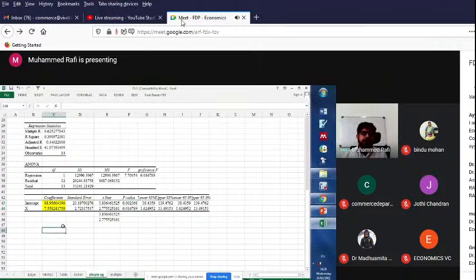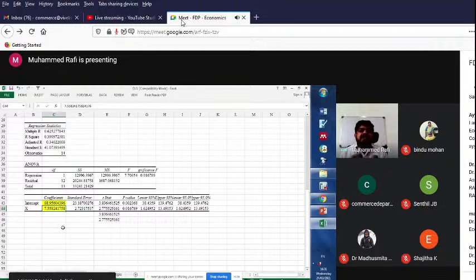So here you can interpret that when x is increasing by 1 unit, y will increase by 7.56 units. Say both of them are in terms of rupees. You can interpret that if x is increasing by 1 rupee, y will increase by 7.56 rupees. So this is how you interpret.